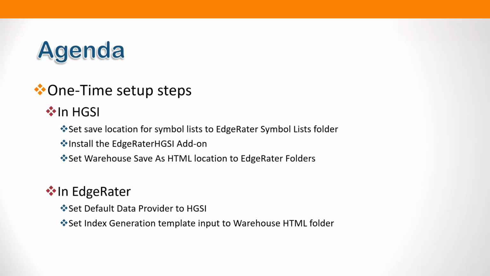What you'll end up doing is you'll save the warehouse as an HTML file, also in another very specific location, which we'll talk about in a minute. And once you've saved that, you can do that daily, or you can do it just whenever you want to generate your own indexes in EdgeRater and do some cool things like view seasonality of industry group indexes.